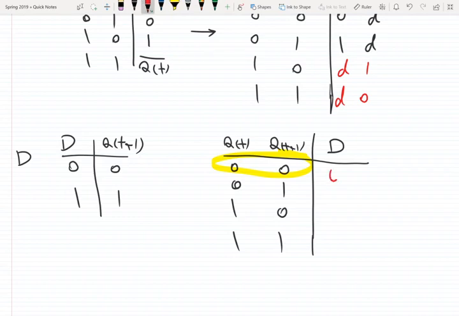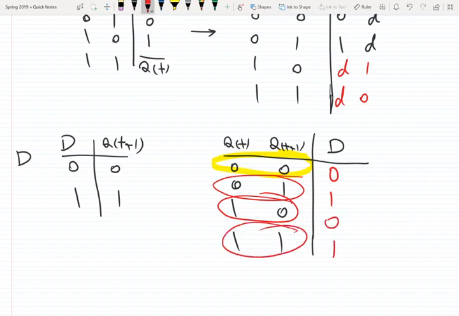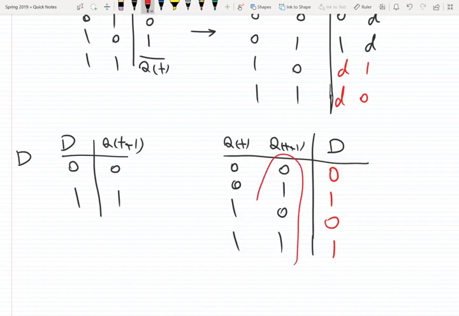Only if D is 0. What about 0 1? D is 1. What about 1 0? D is 0. What about 1 1? D is 1. Just look at Q of t plus 1 and copy it in here. So this is the excitation table for the D flip-flop. Wasn't it easy? Very easy.